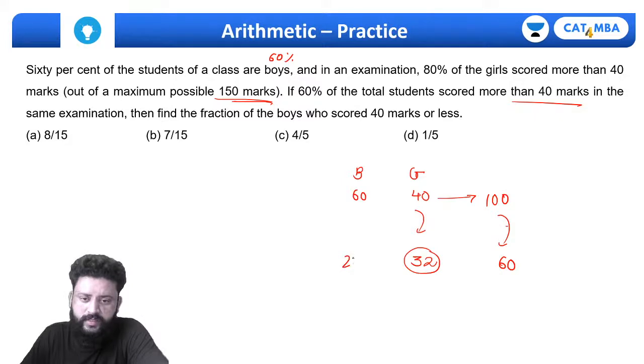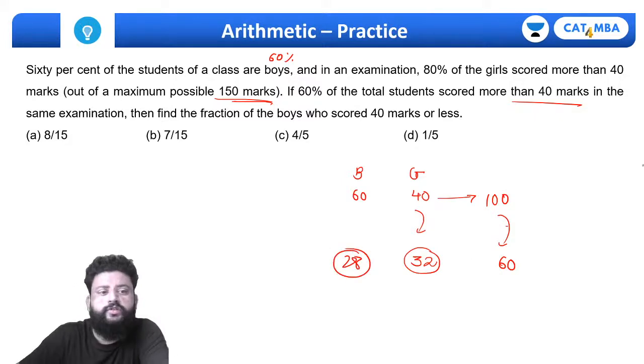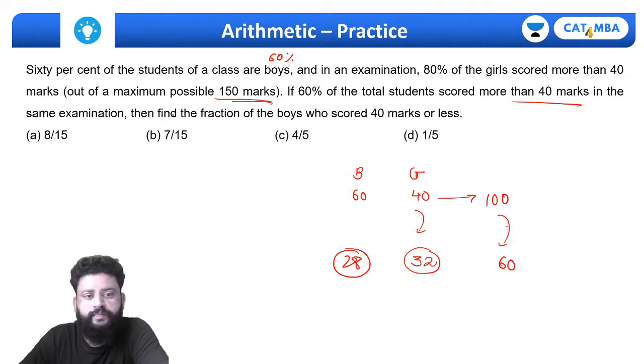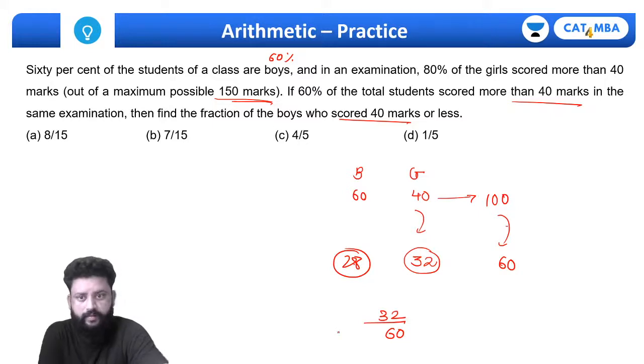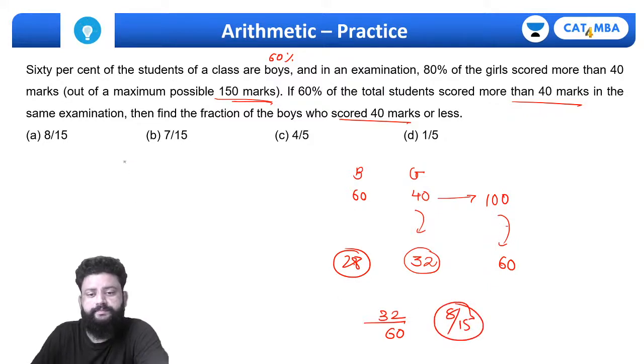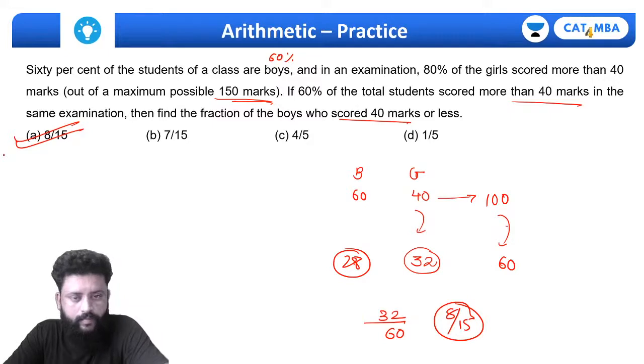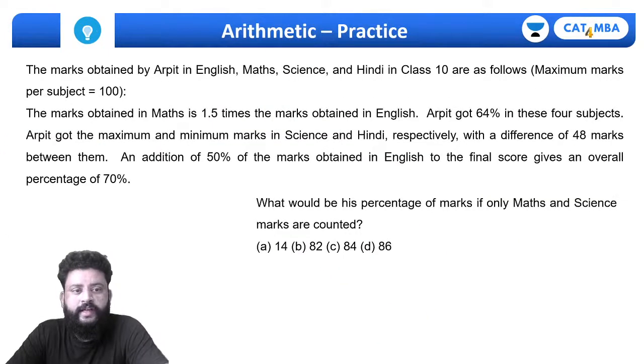Now here it must be 28. So then find the fraction of boys who scored 40 marks or less than 40 marks. So 60 and 28, 32 divided by 60. That is 8/15. Try for the next.